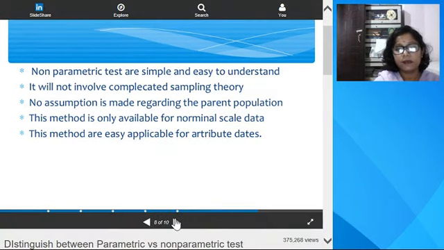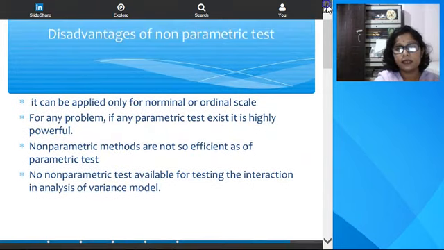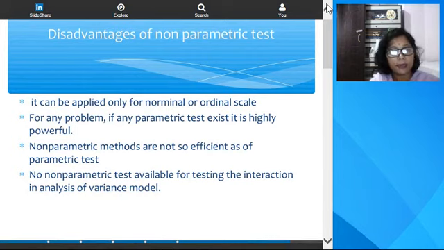And some disadvantages of non-parametric tests: they can be applied only for nominal or ordinal scale, so it is the most prominent limitation. It can be applied only for nominal and ordinal scale. Next demerit is, for any problem, if any parametric test exists, it is highly powerful.